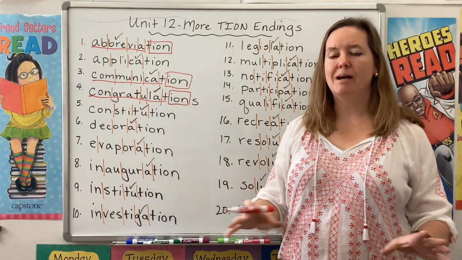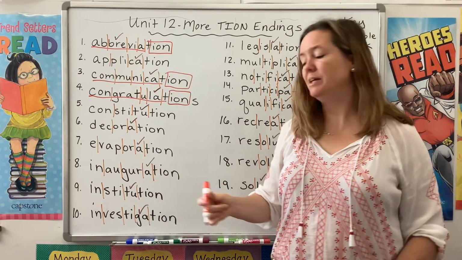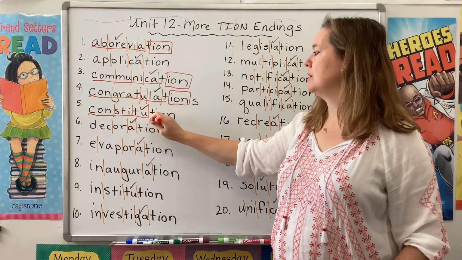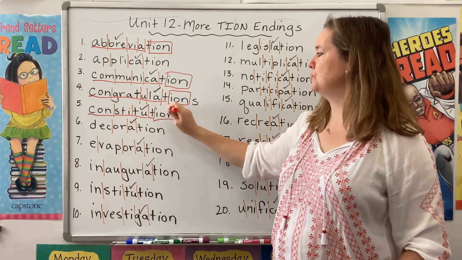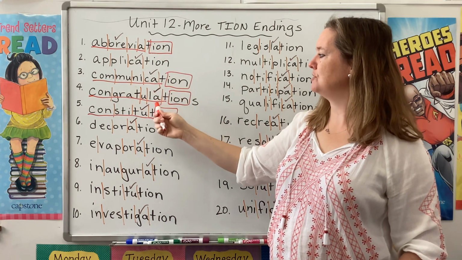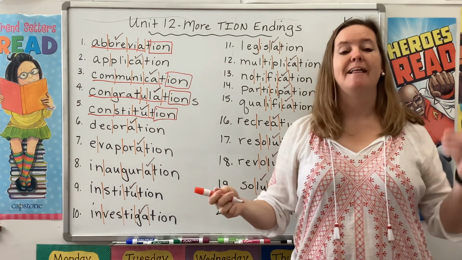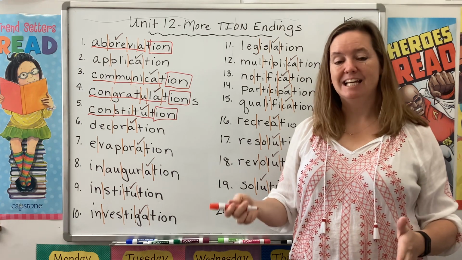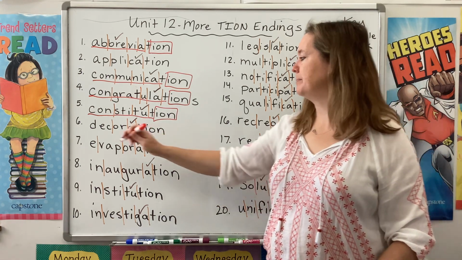When you talk about constituting something or putting pieces together, you are making a constitution. Remember, abbreviate, communicate, congratulate, constitute. They all ended with that T sound. We dropped the E and then added ION.